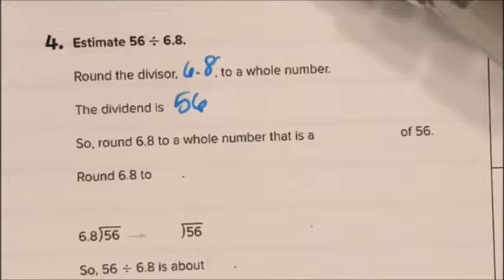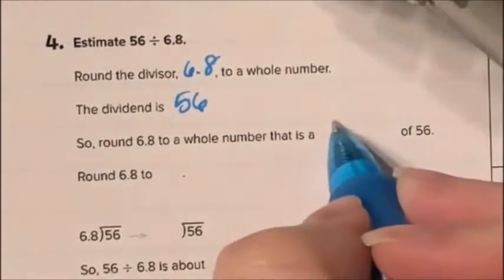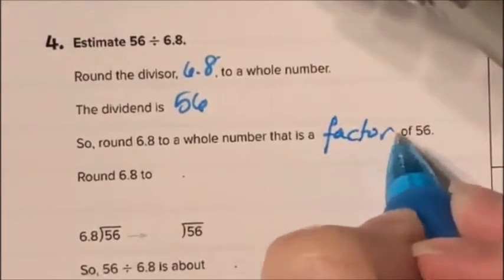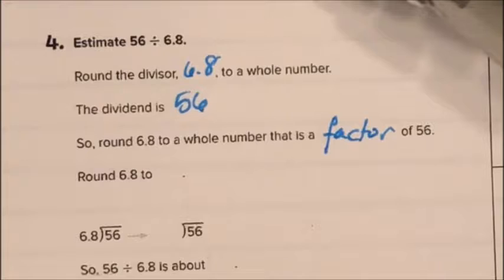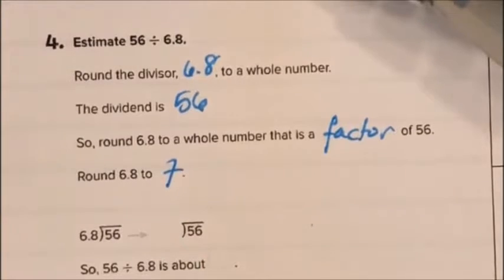I have to figure out what I'm going to round to in order to get close to 56 and close to 6.8. So I'm going to round 6.8 to a whole number that is a factor of 56. So I round 6.8 to 7.